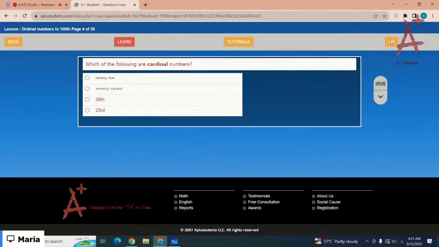Which of the following are cardinal numbers? Which is the correct option?